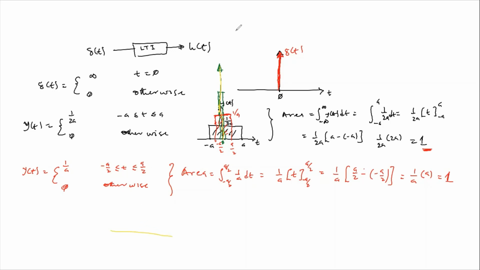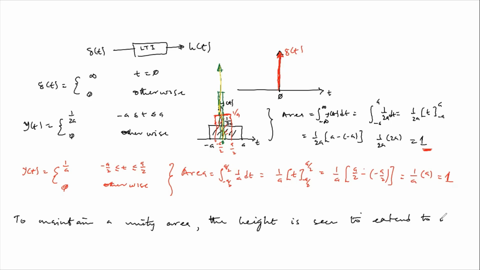Therefore, to maintain a unity area, the height is seen to extend to infinity as the width reduces to 0.